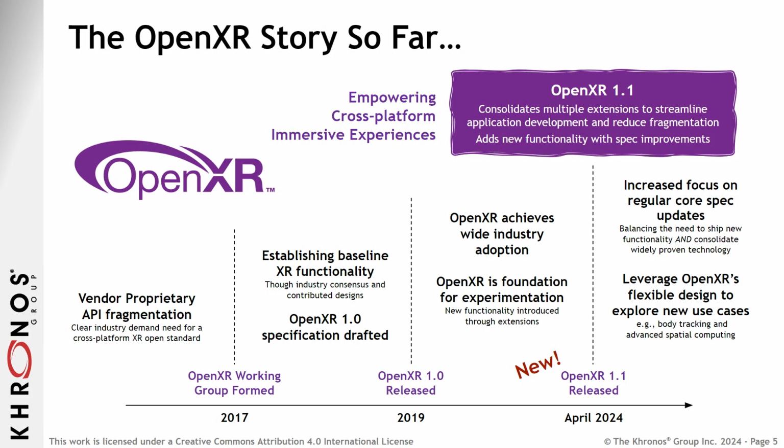Obviously, it depends on the situation and the market, but I wouldn't be surprised if OpenXR falls into that kind of rhythm. If you go much faster than that on a regular basis, you're actually moving too fast. People can't keep up. So 18 months seems to be a good rhythm. And I would expect 1.2 probably in 2025, because we have some consolidation to do.